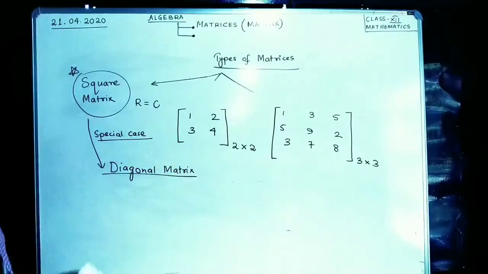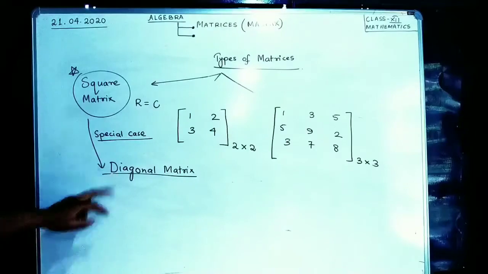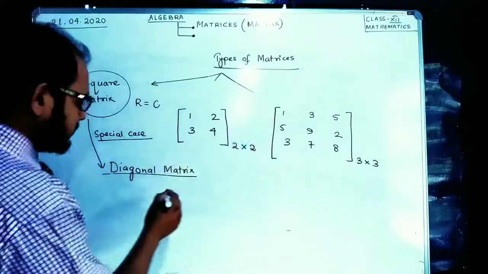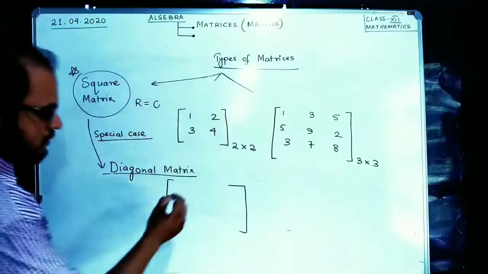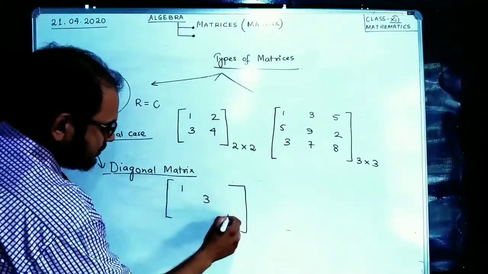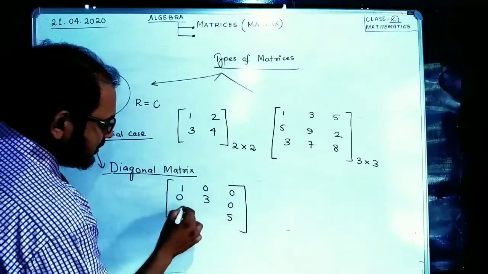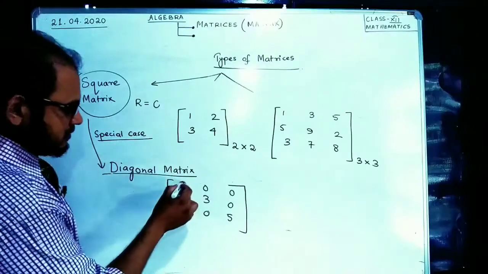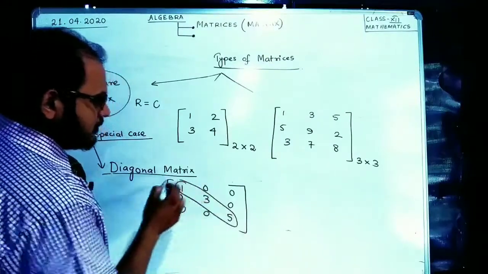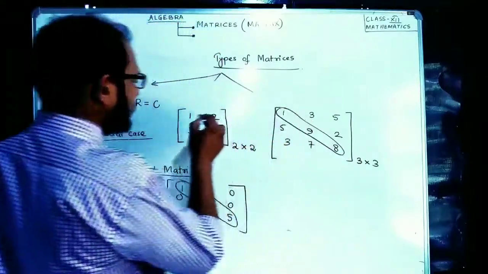So obviously a diagonal matrix is a square matrix, but it has a certain characteristic feature which is unavailable in other types, and that is that in a diagonal matrix the non-zero elements will be present in the diagonal. This is known as the diagonal. In a square matrix, this is known as the diagonal. All square matrices have a diagonal.